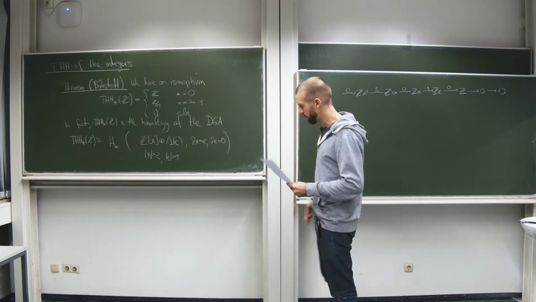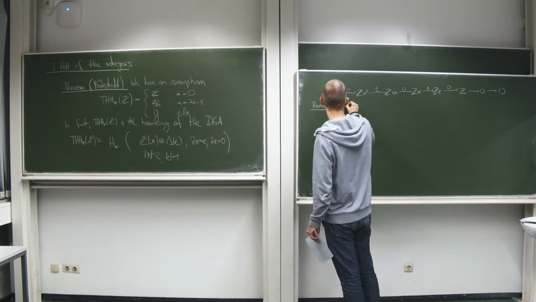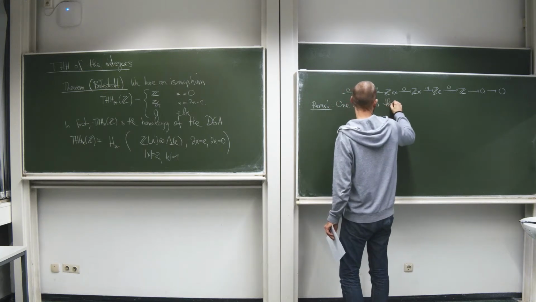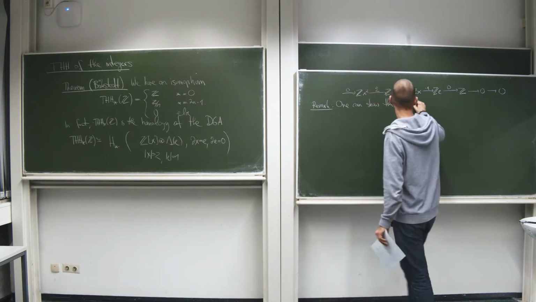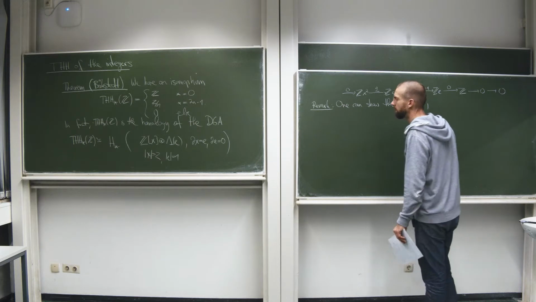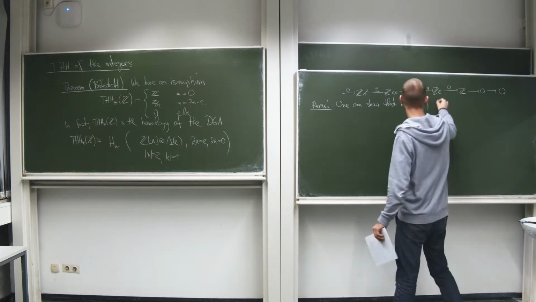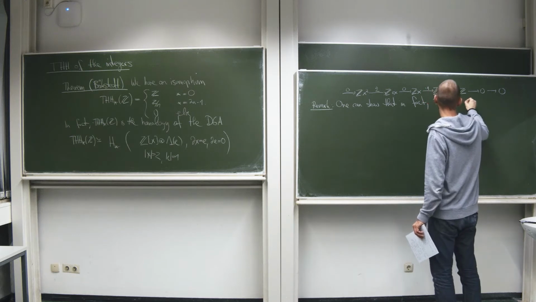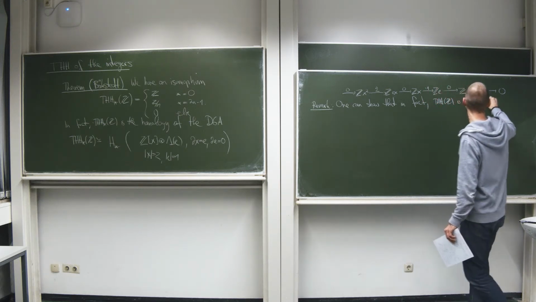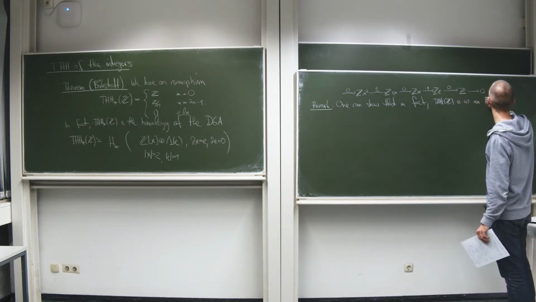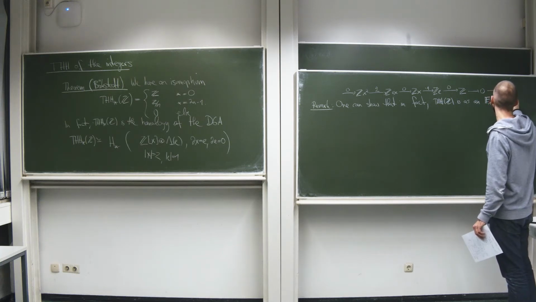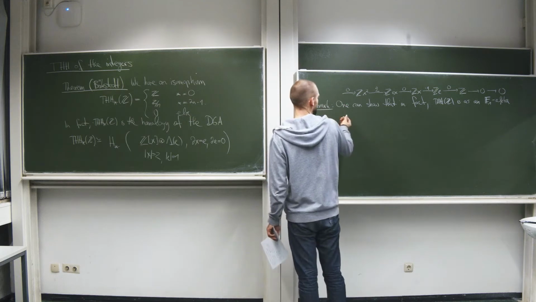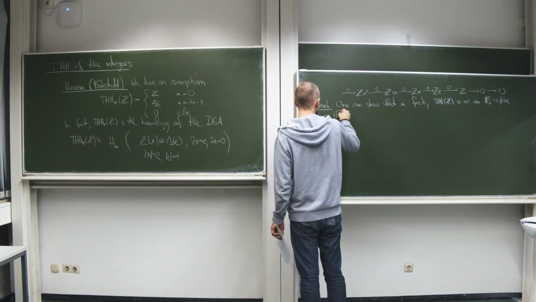But one can actually show more. One can show that in fact THH of Z is, as an E1 algebra, i.e. associative algebra, as an E1 algebra over, I should say, HZ.